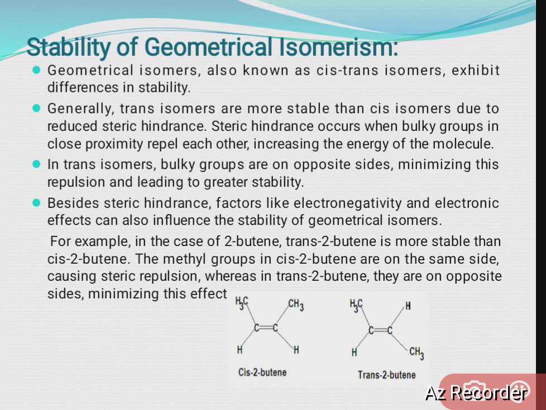For example, in the case of cis-2-butene and trans-2-butene, in the cis isomer the two methyl groups, the bulkier groups, are on the same side, and there is more repulsion and more steric hindrance. Due to this, the energy of the molecule increases and there is a decrease in the stability of the molecule.